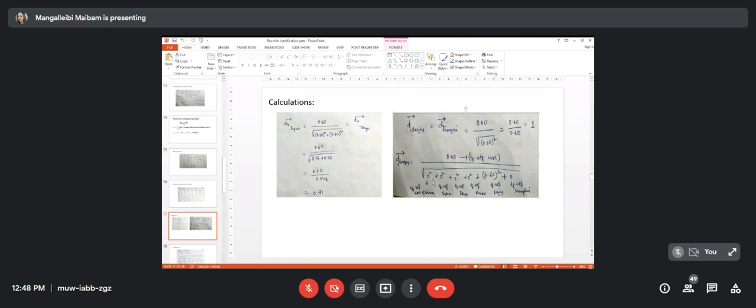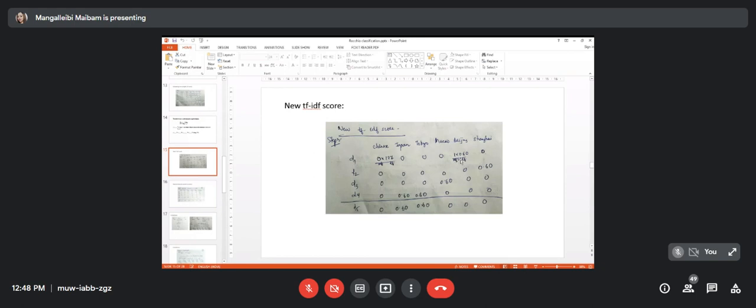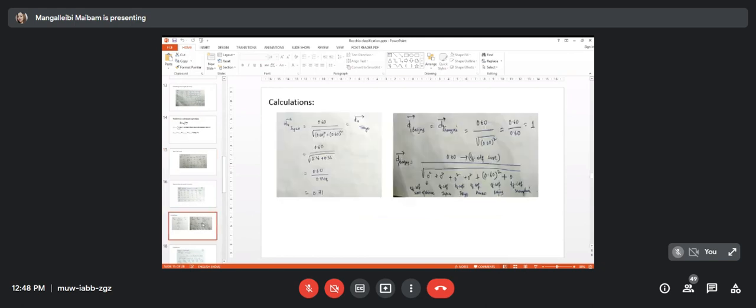First 0 square is the TF IDF score of Chinese, next 0 square is Japan, next Tokyo, Macau. For Beijing the TF IDF score is 0.60, so we write the value from here, plus 0. After calculating all this, I am getting 1. The document vector for Beijing, for Shanghai, is 1.